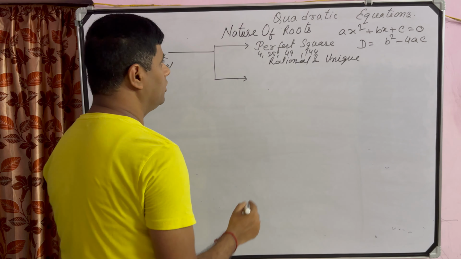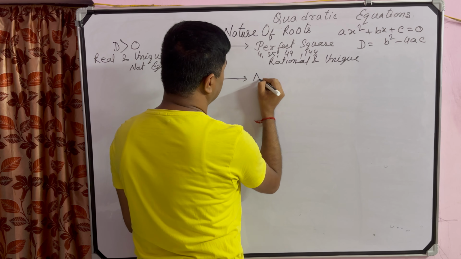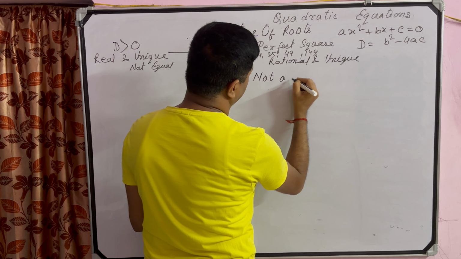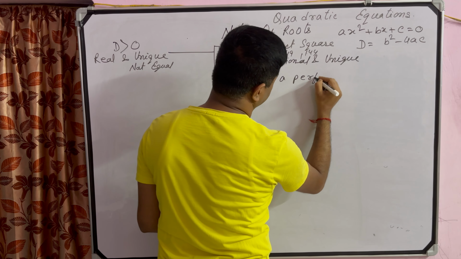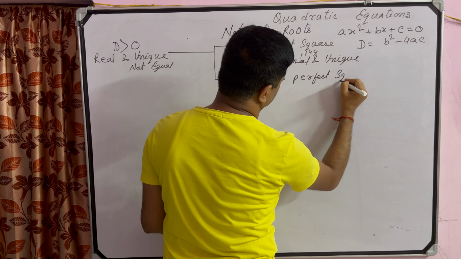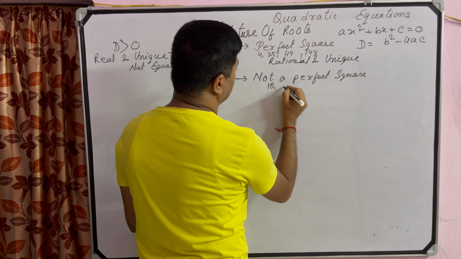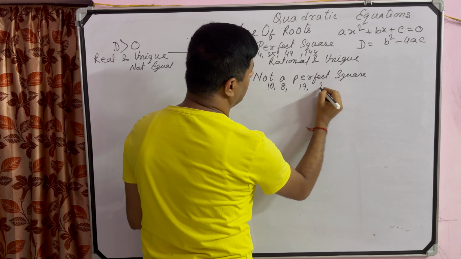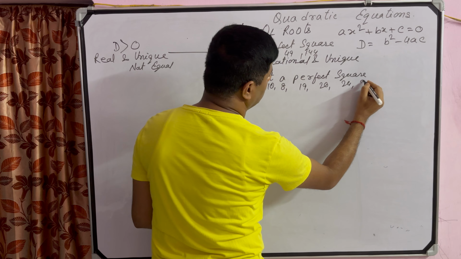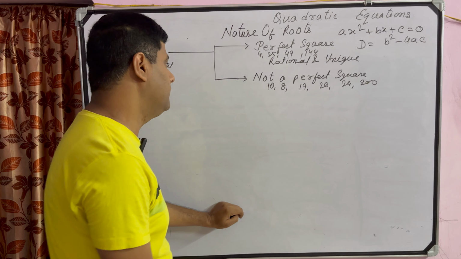And if it is not a perfect square, like you can take some examples like 10, 8, 19, 20, 24, 200. These are not perfect squares.